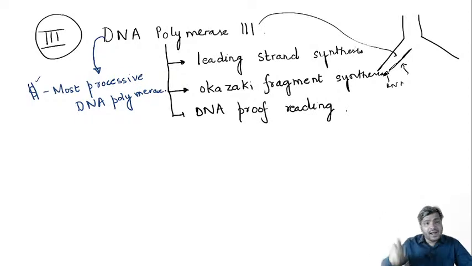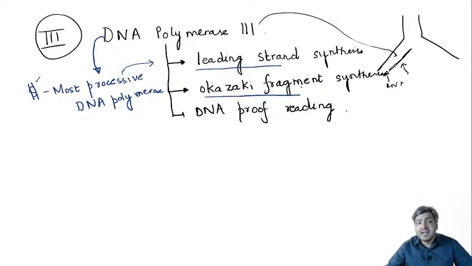It synthesizes the leading strand and also the Okazaki fragments. So that's why it is known as the most processive DNA polymerase.